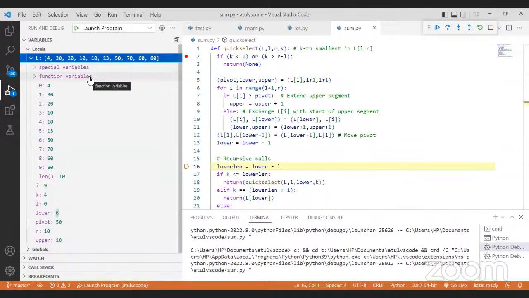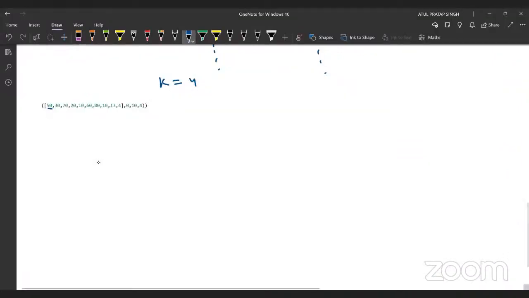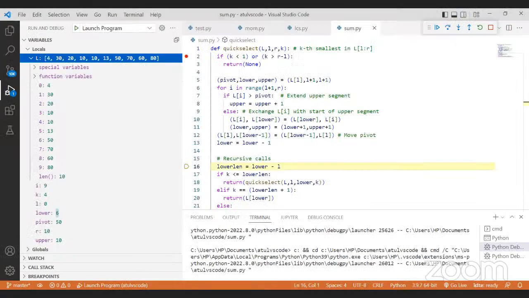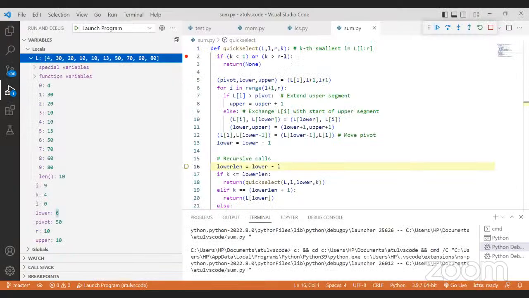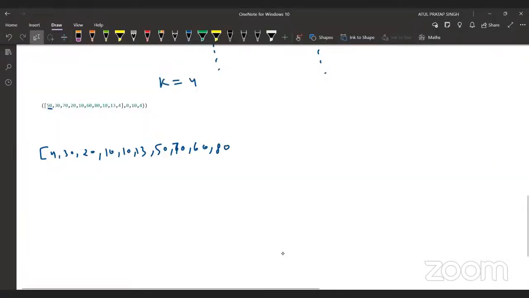So 4, 30, 20, 10, 10, 13, 50, 70, 60, and 80. So initially we perform first partition process. So after that we got this.